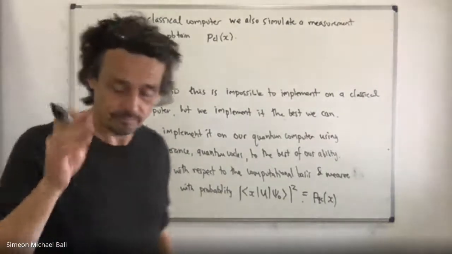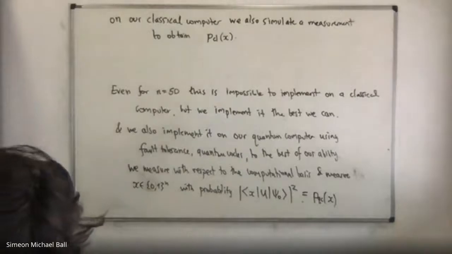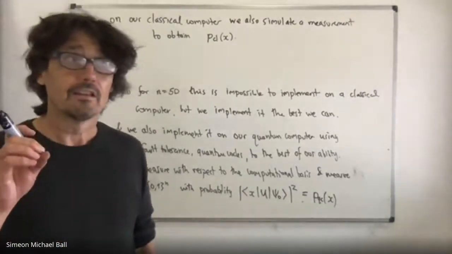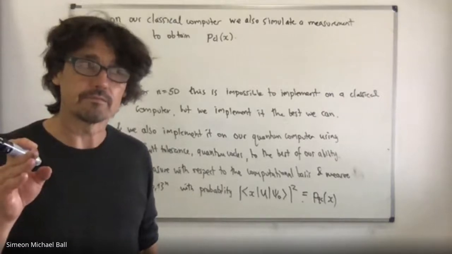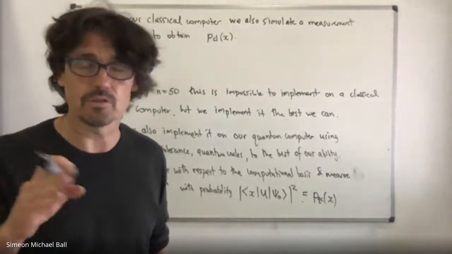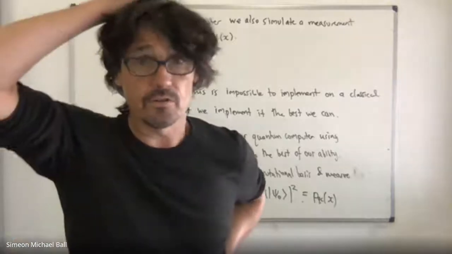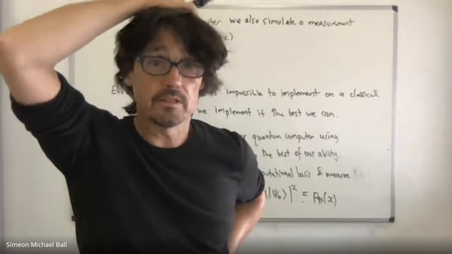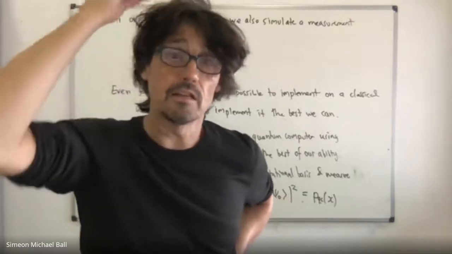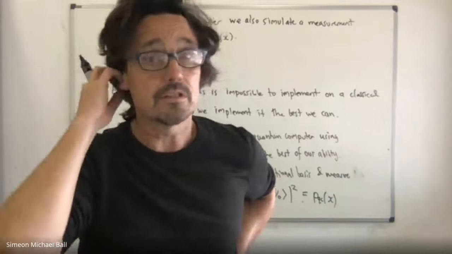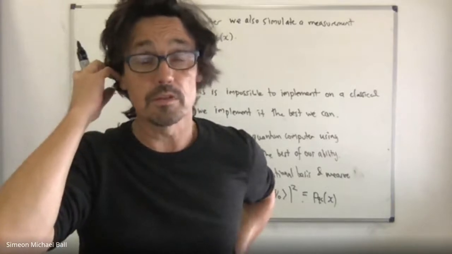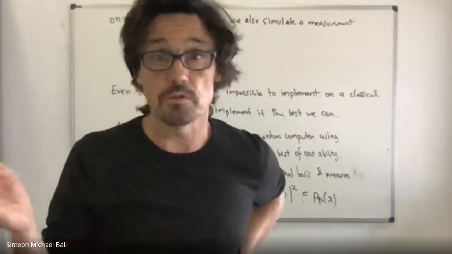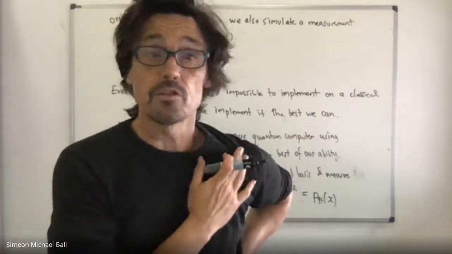Now, this is the important bit. If you had a classical function, just a function from 0 to 2 to the n minus 1 to 0 to 2 to the n minus 1, and you chose it at random, then obviously you would get any kind of output in 0 to 2 to the n minus 1 with probability 1 divided by 2 to the n, so everything would be like a uniform distribution, and there wouldn't be anything to do.